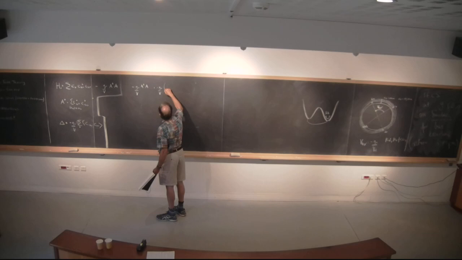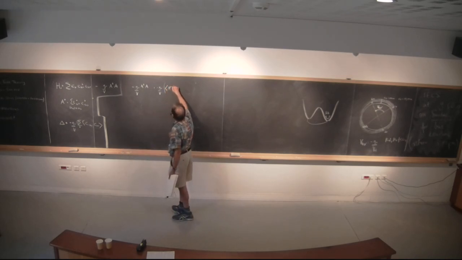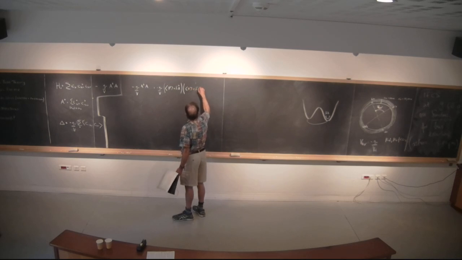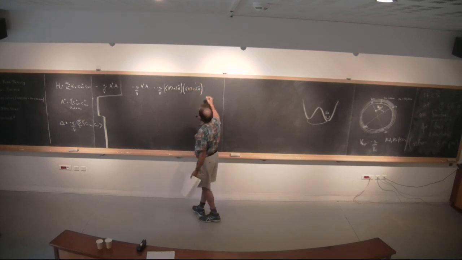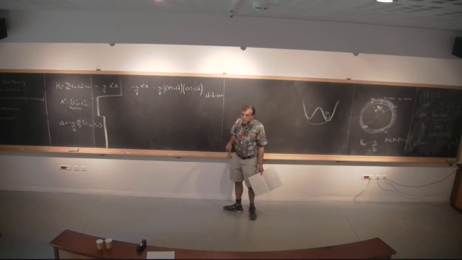I'm going to replace A by its average value and its fluctuation. Really, this is a tautology. I've written delta A is equal to A, the operator, minus a shift, which is its expectation value. Okay?